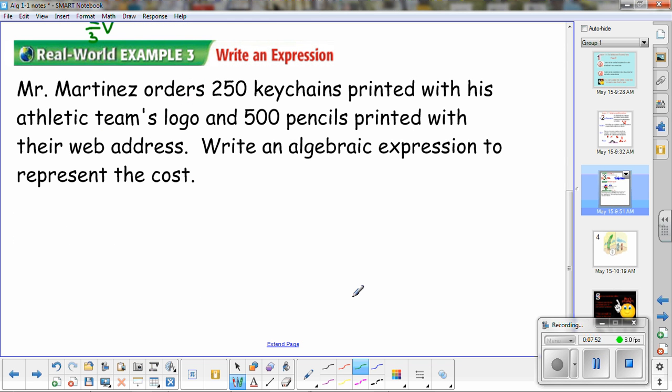Our last example. Mr. Martinez orders 250 keychains printed with his athletic team's logo and 500 pencils printed with their web address. Write an algebraic expression to represent the cost.